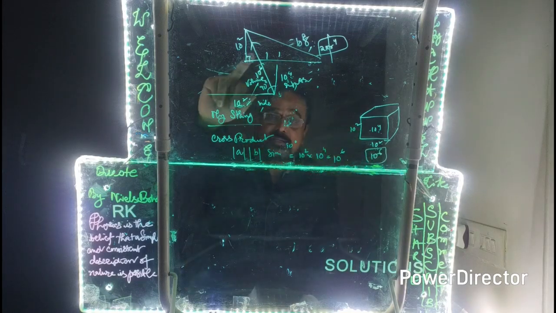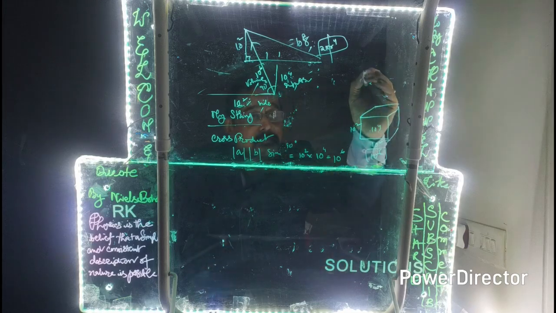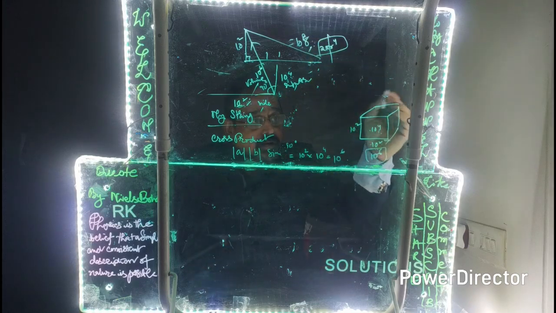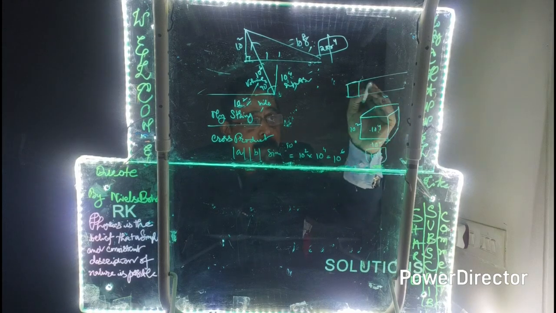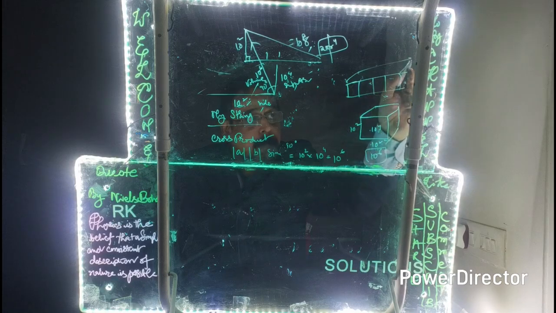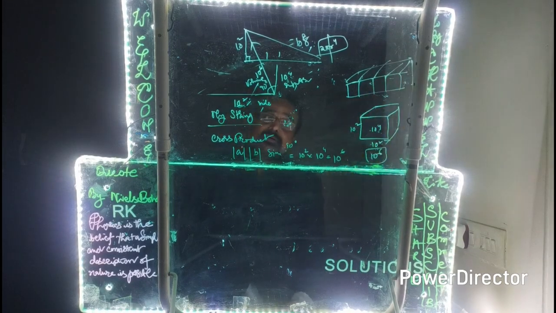This cube is nothing but this volume, 4 thirds pi r cubed, and then we have this 3 into 10 raised to 8. It is nothing but a row of cubes.